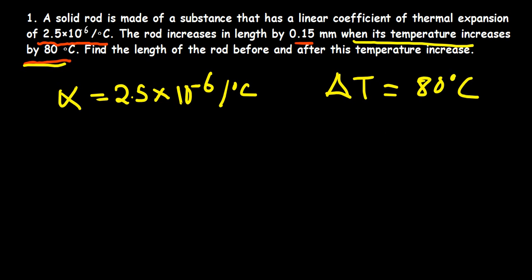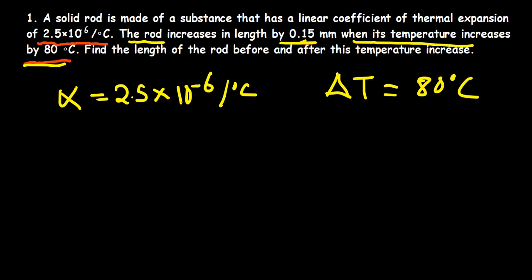Then they're saying the rod increases in length by 0.15 millimeters. Does it mean this is the change in length, or just the increase in length? This is just the increase in length.